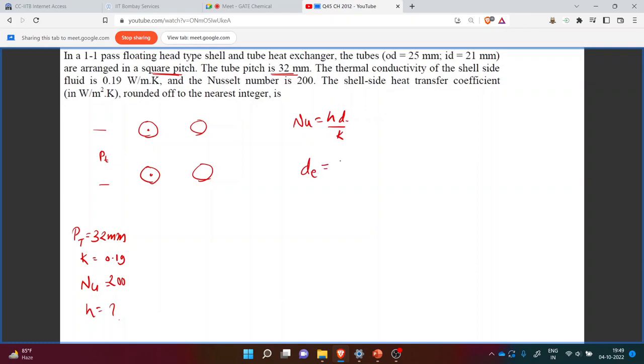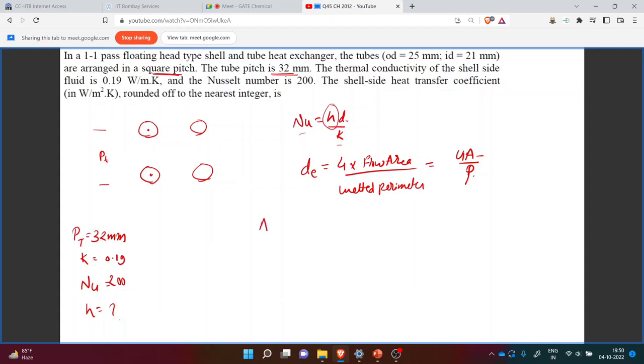This equivalent diameter is defined as 4 times the flow area upon the wetted perimeter, that is 4A upon P. Now we need to calculate this flow area and wetted perimeter. From this we will have the equivalent diameter, and we already have the values of Nusselt number and thermal conductivity. Using that we can calculate the shell side heat transfer coefficient.